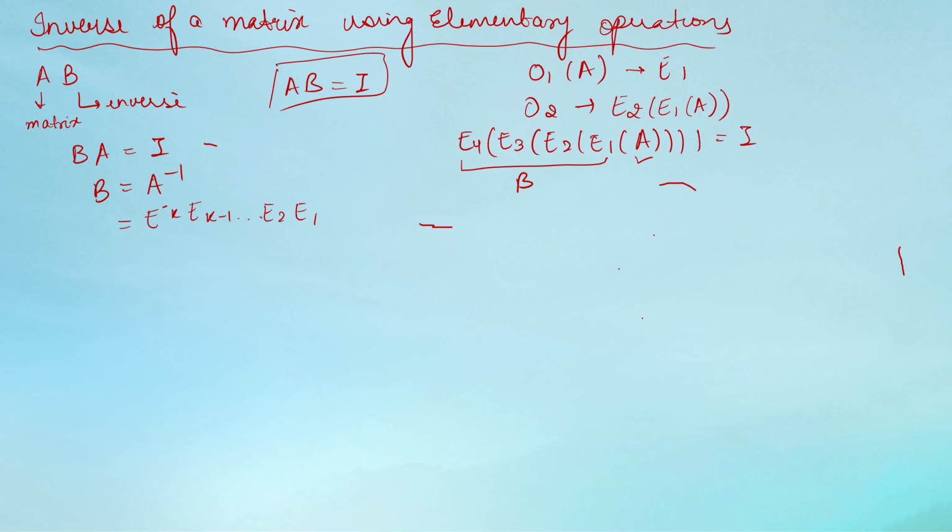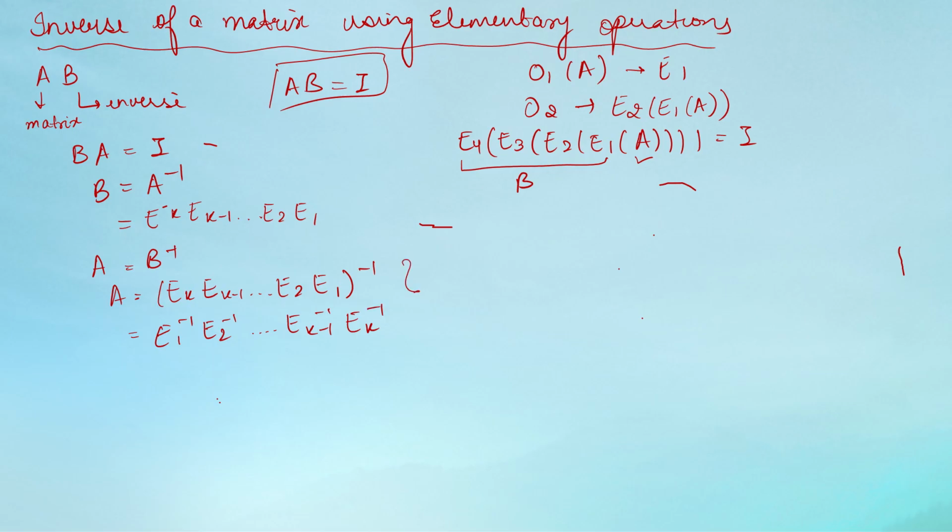So we have written these steps. Similarly, if you want to write in terms of A, we can write A is equal to B inverse, and A is equal to (EK, ..., E2, E1) inverse. So we'll have E1 inverse, E2 inverse, so on till EK minus 1 inverse and EK inverse.